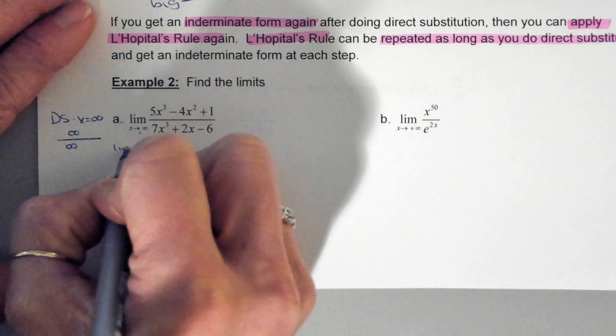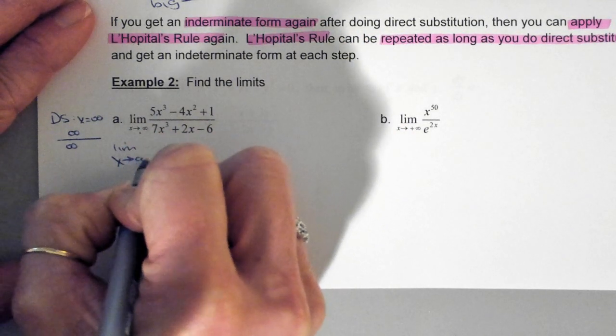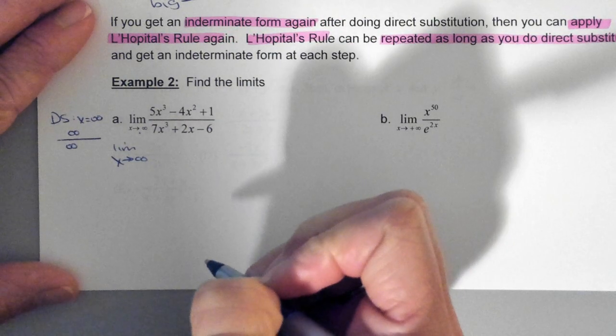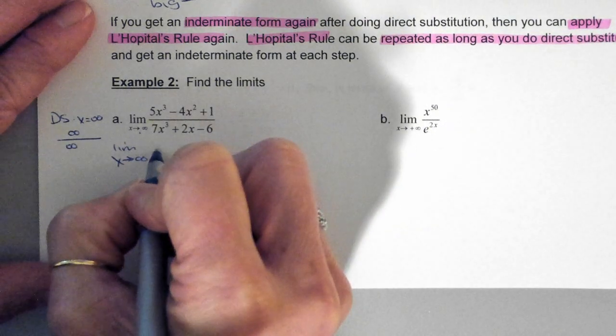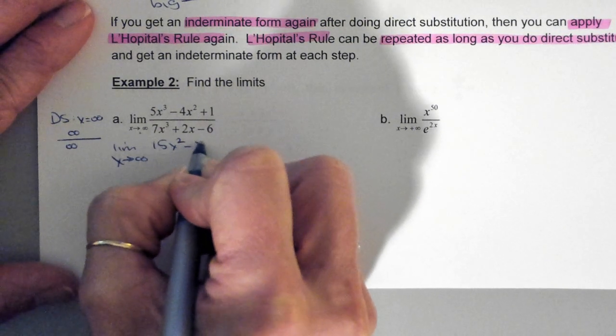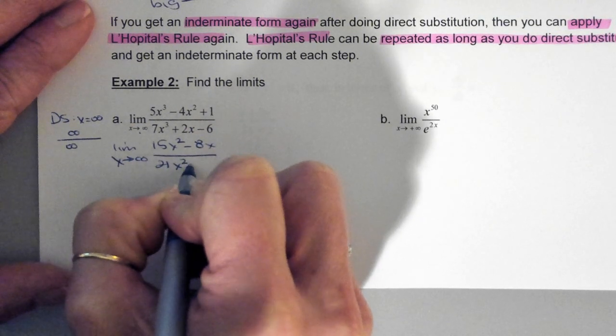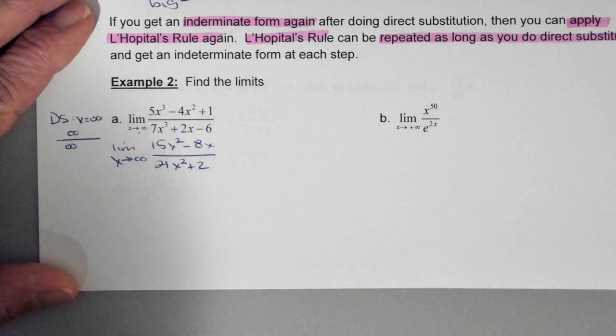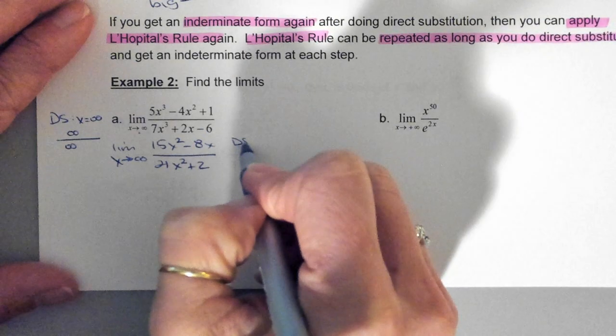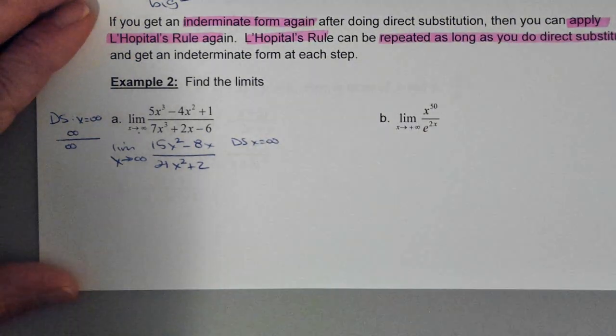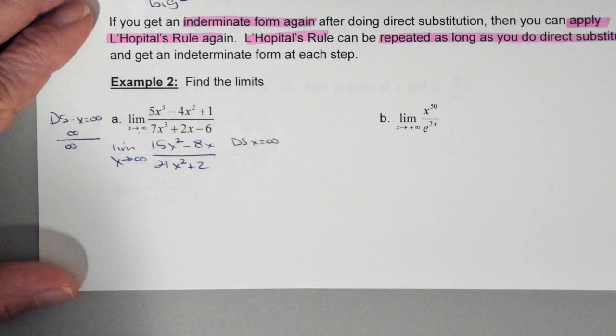So we have the limit as x approaches infinity. Okay, and we're going to take the derivative of the top and the bottom independently. So this is what? 15x squared minus 8x over 21x squared plus 2. Is that right? Yeah. I tried direct substitution here, where x is equal to infinity. We still get infinity over infinity, right?